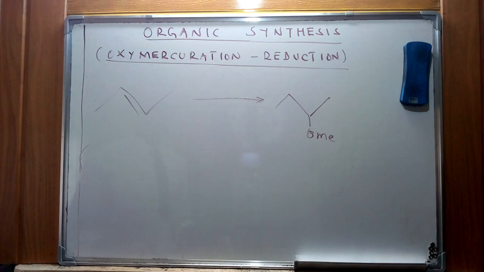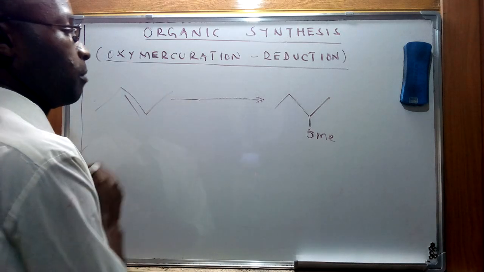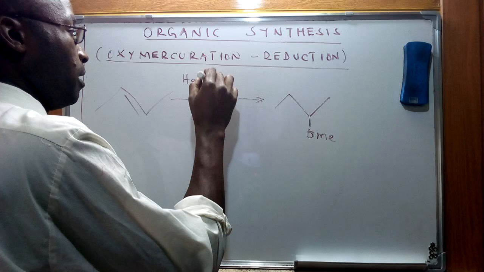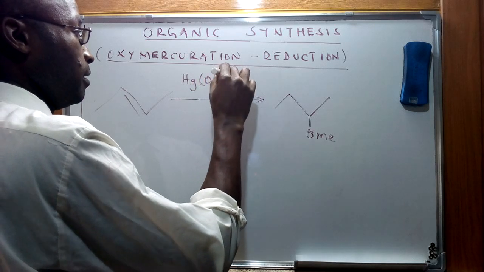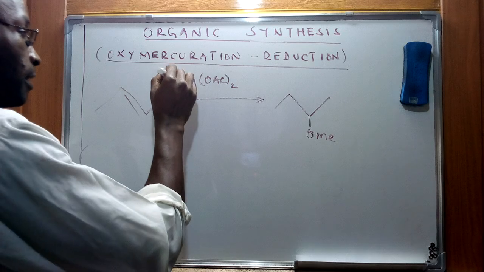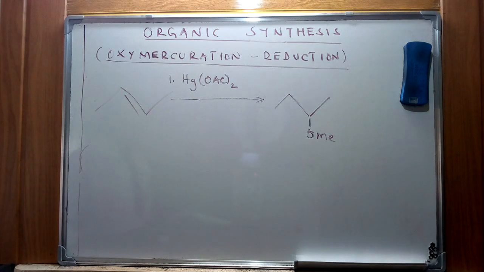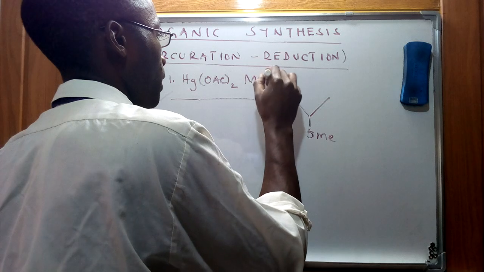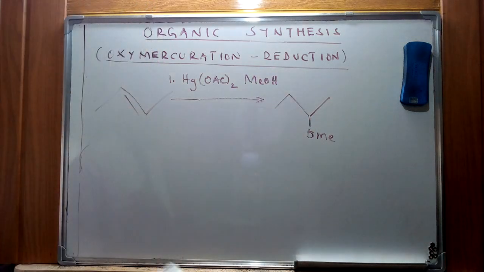We said that for the first case, the formation of an alcohol, we had the organomercury, which is mercury acetate. In this case, for the first reagent, we're going to have methanol, which is used instead of water.